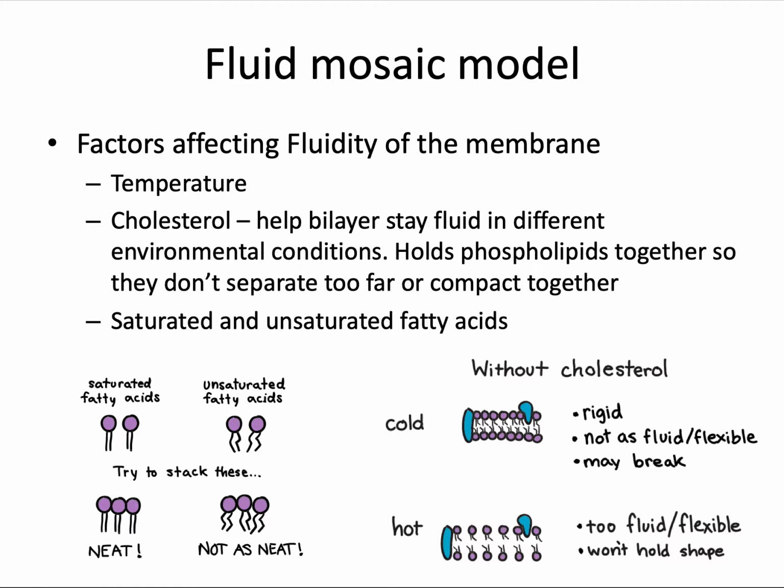In a very hot environment, without cholesterol, the cell membrane or plasma membrane will become too fluid or too flexible, and it wouldn't hold. Anything can just pass through because they'll be too far apart from each other. And so these are very important points that you need to note about the importance of the fluid mosaic model.